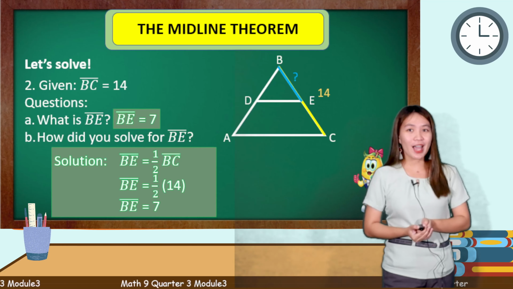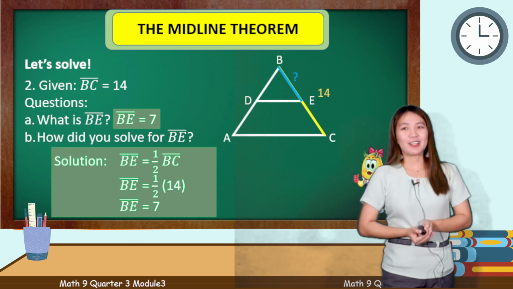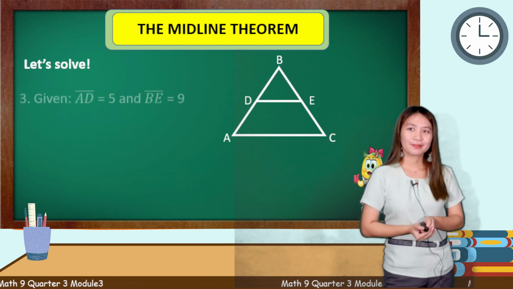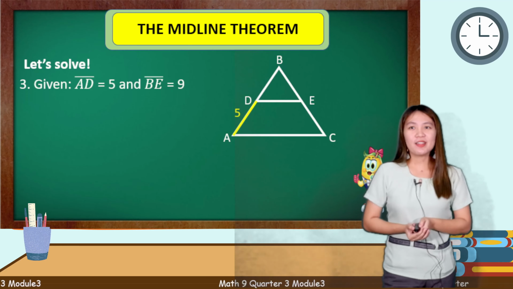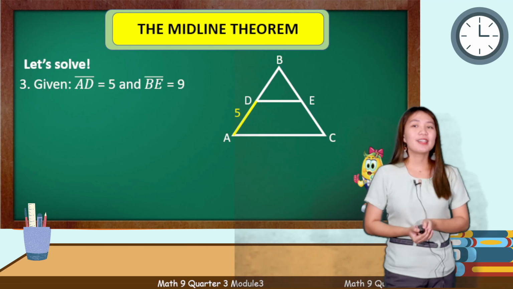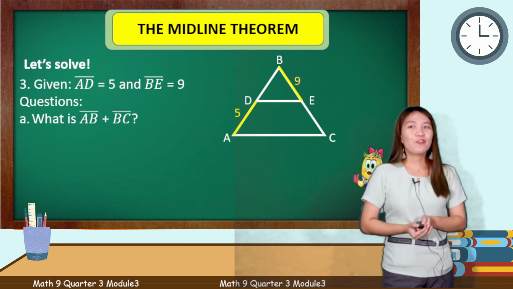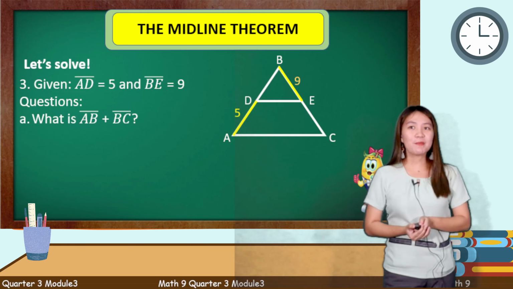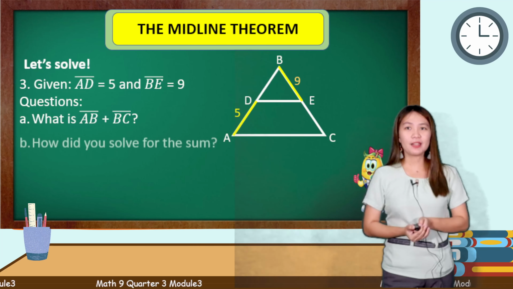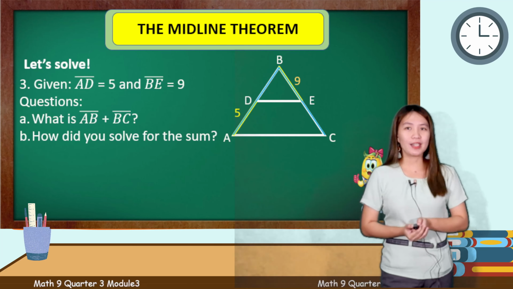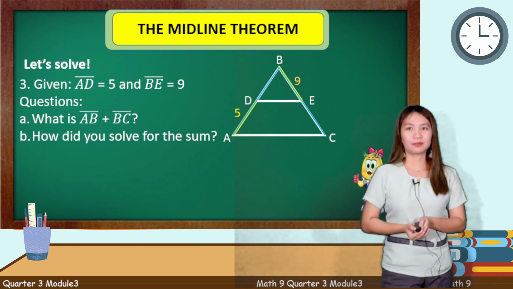Did you get it right? Perfect. Next, given segment AD is equal to 5 and segment BE is equal to 9, you need to find the sum of segment AB and segment BC and show us your solution.